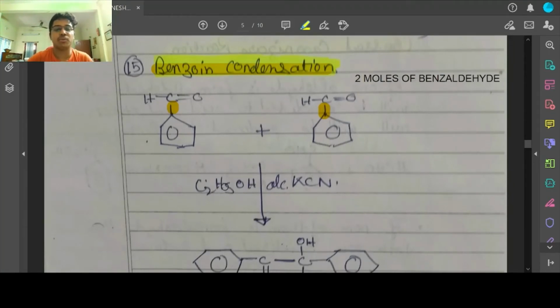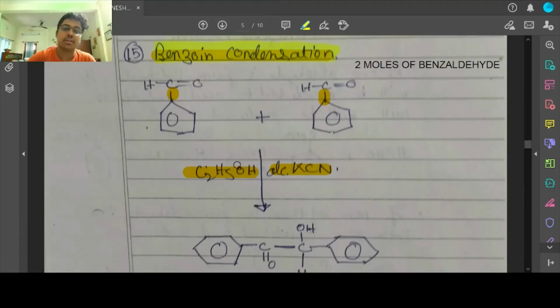Note the reagents, because it's very important. Many students forget and use 10% NaOH on average. So in benzoin condensation, two moles of benzaldehyde are reacted in the presence of C2H5OH and alcoholic KCN.